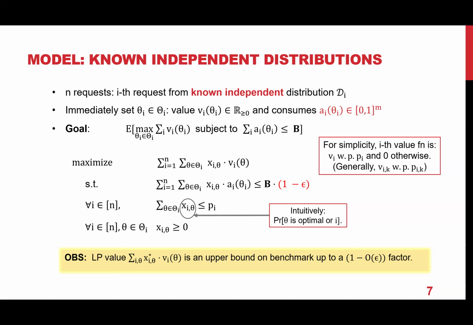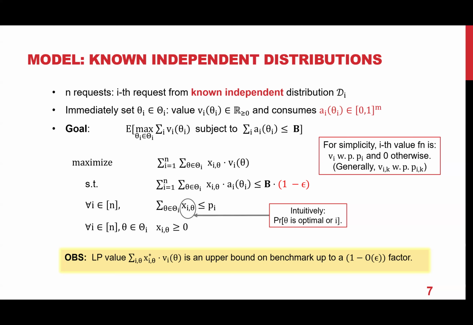You can get a 1 minus order epsilon approximation for this problem. Because this LP is an upper bound, if I can get you some 1 minus epsilon fraction of this LP benchmark, then I'm done. Does this make sense?